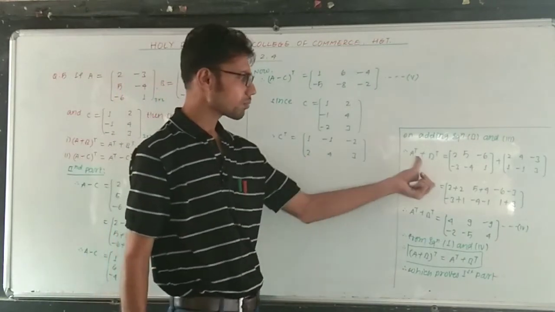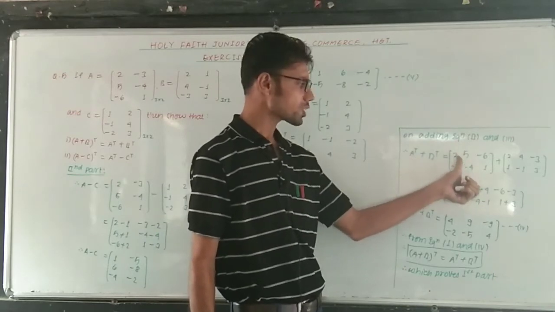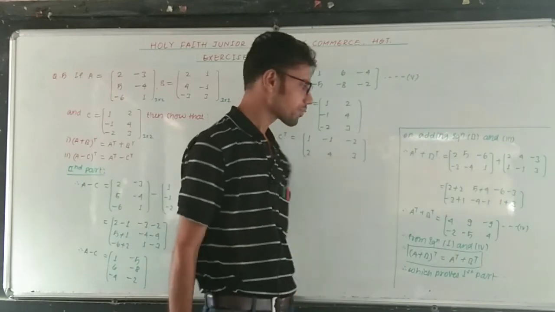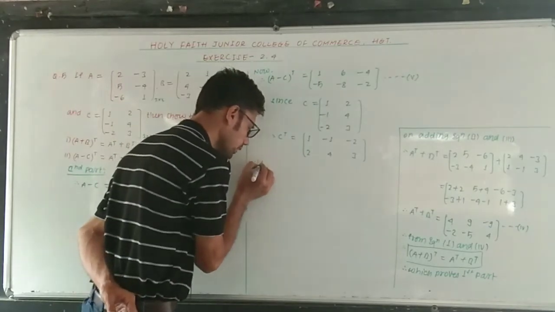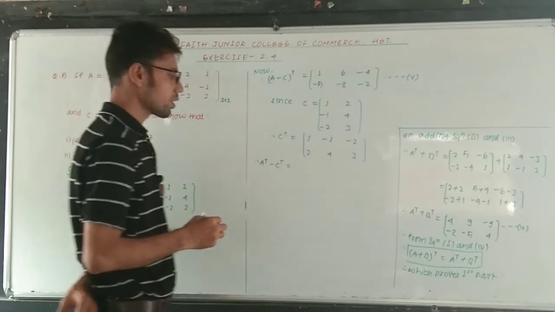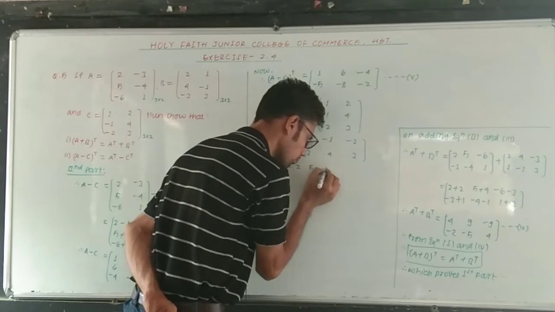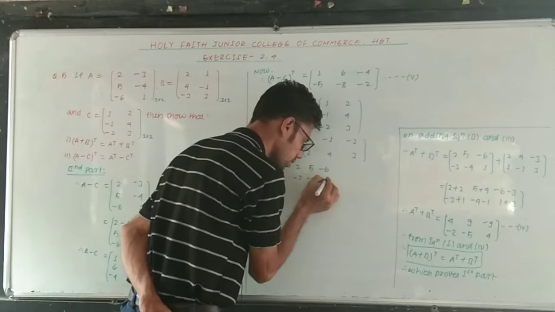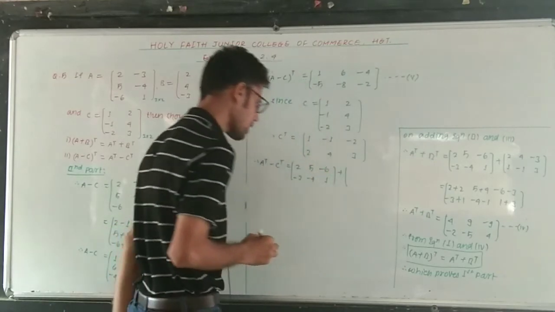And in the first part we already found the value of A transpose, that is 2, 5, minus 6 and minus 3, minus 4, 1. Therefore, the subtraction of A transpose minus C transpose is equal to A transpose, 2, 5, minus 6, minus 3, minus 4, 1, minus C transpose.